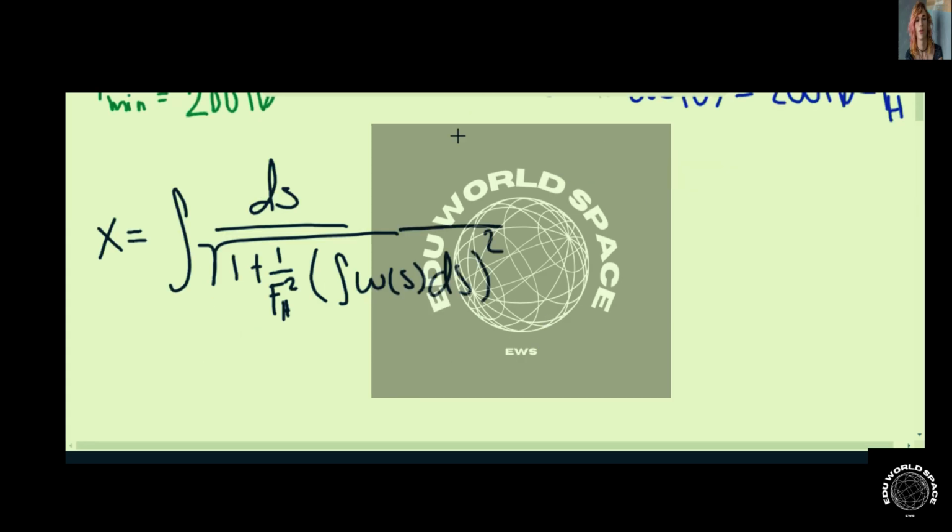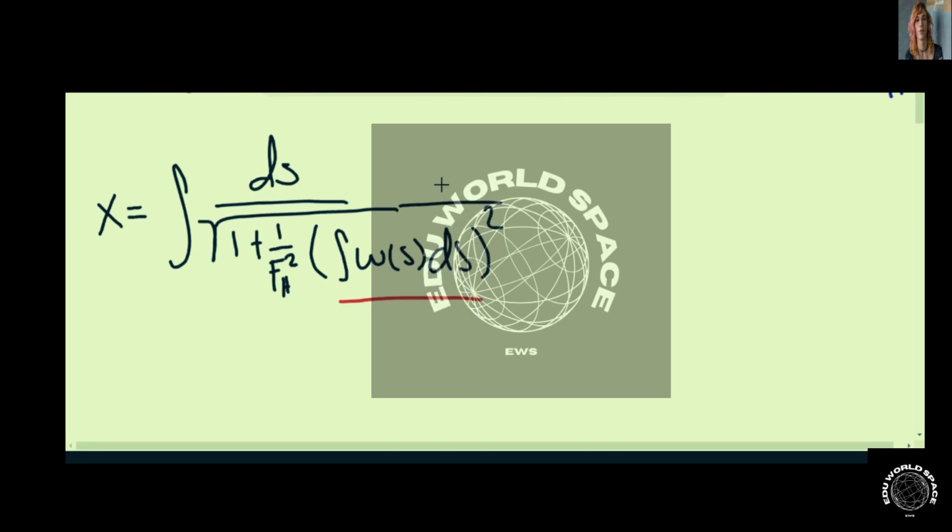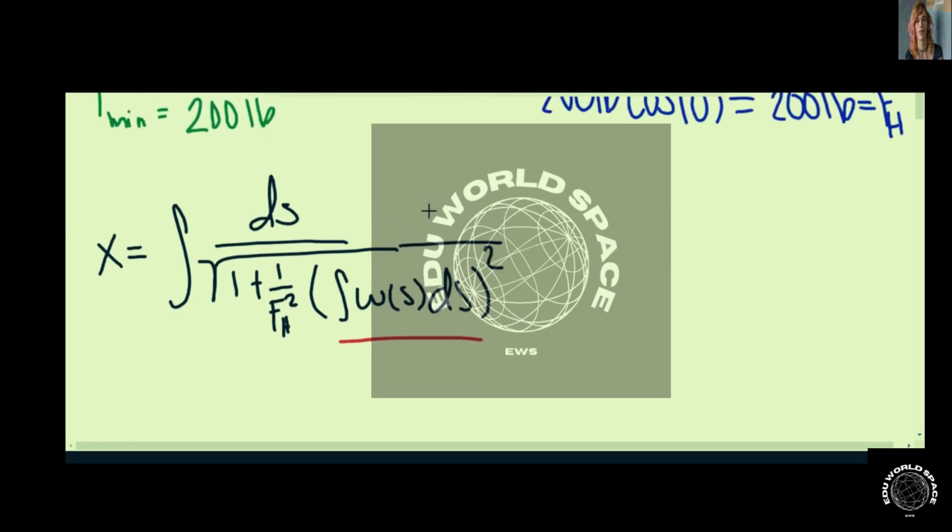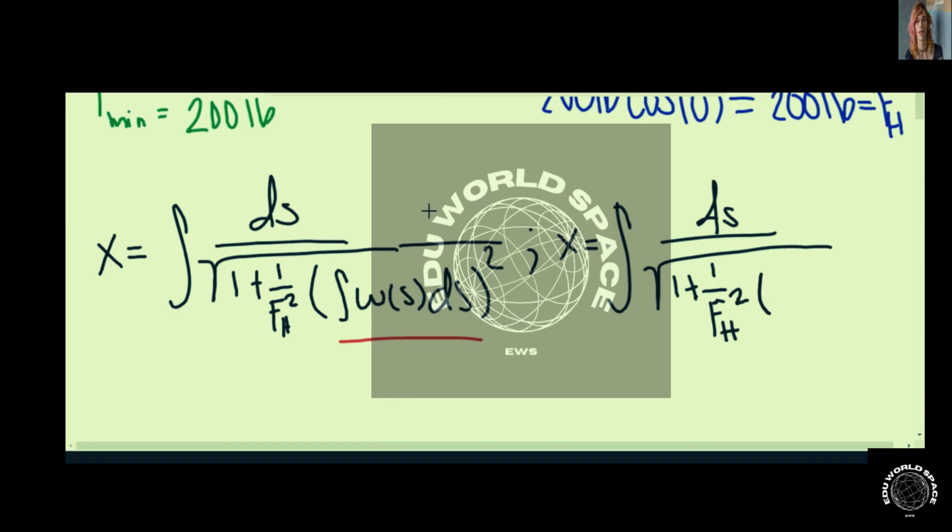squared. Now, if we replace w(s) with the variable w and take the first integral, underlined in red, our x equation becomes x equals the integral of ds over the square root of 1 plus 1 over F sub H, times w times s, plus c1, squared.